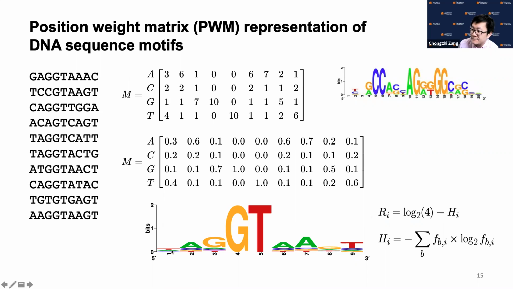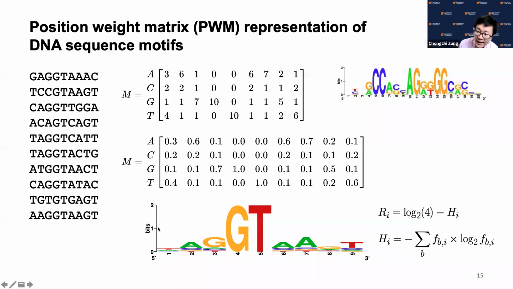At each position, the height of each base, A, C, G, and T, will be proportional to the corresponding frequency of that base. And after that, the entire height of the stack is represented as the information content at this position.